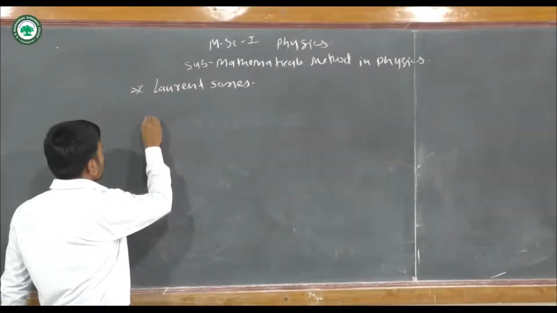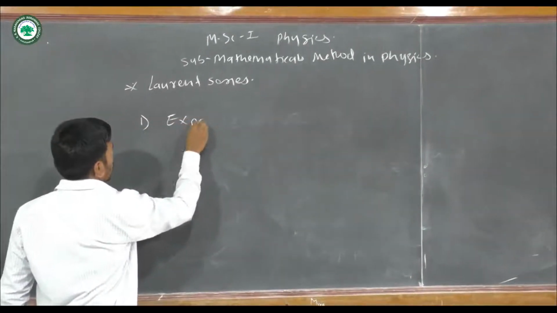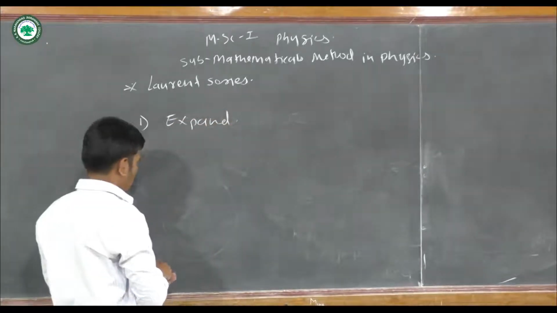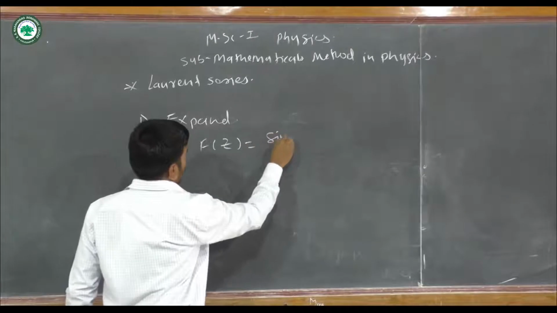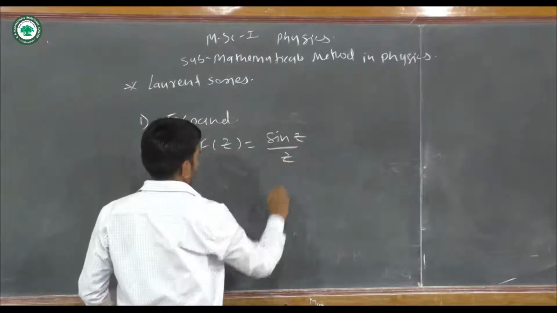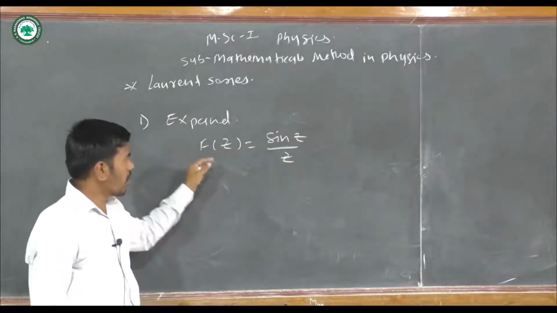The first one is to expand f of z equal to sin z by z. This is a simple example I am taking first.